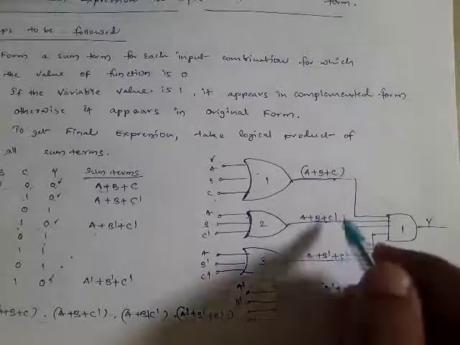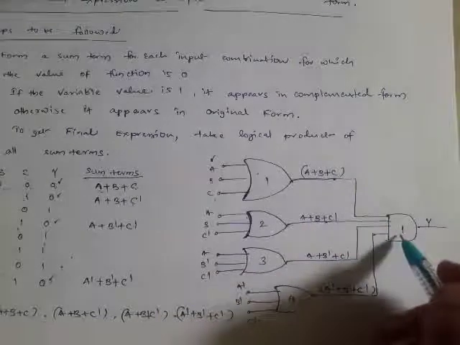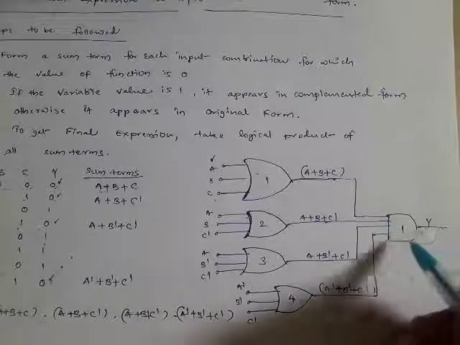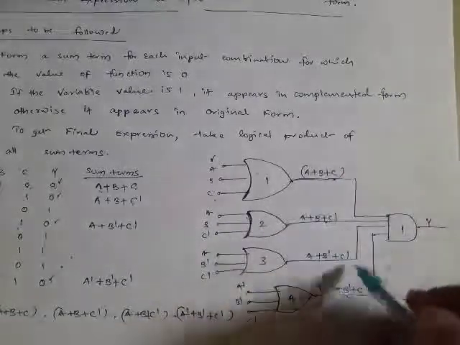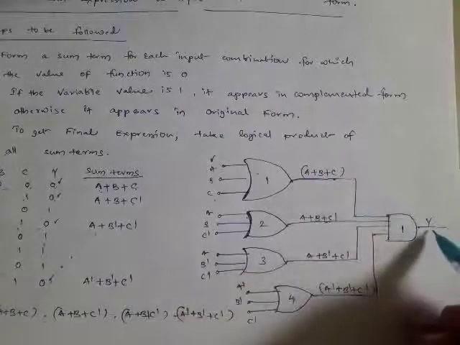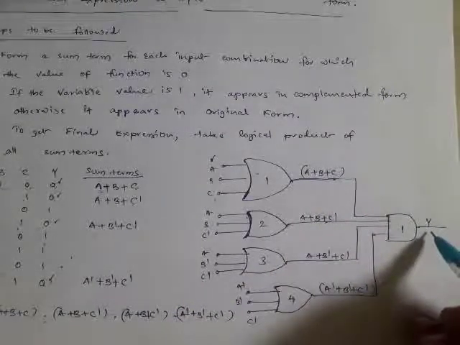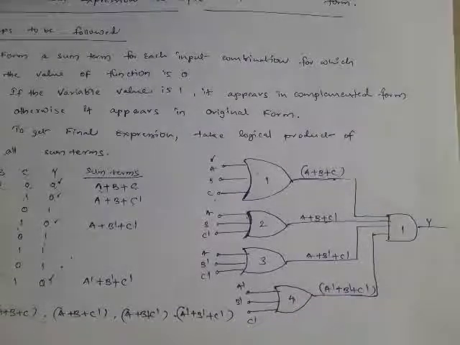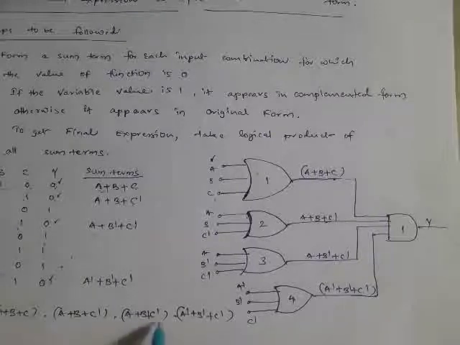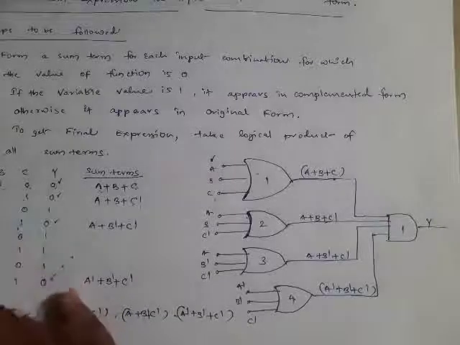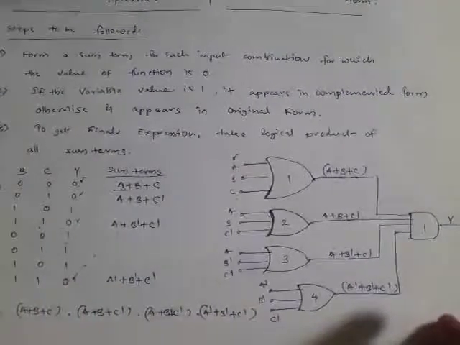When you give these 4 sum terms as input for this AND gate, the output of the AND gate is the logical product of these 4 sum terms, and that will realize the Boolean function, which is in the form of product of sum terms, which we obtained from the truth table directly.